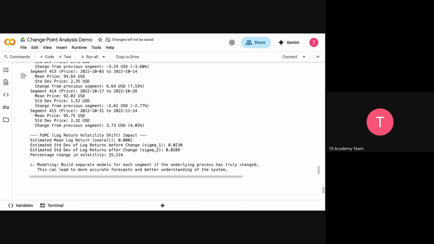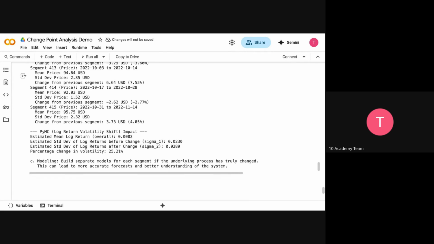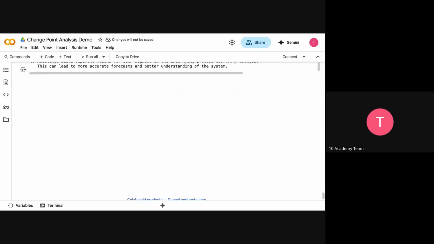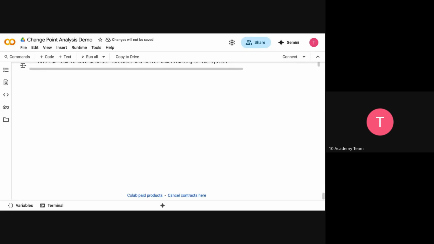From the change point, you can see what the standard deviation was before the change point, and what it is after the change point. So you can see why it has identified that point to be the change point, because it has a huge change. Yeah, so this is one way you can communicate it.